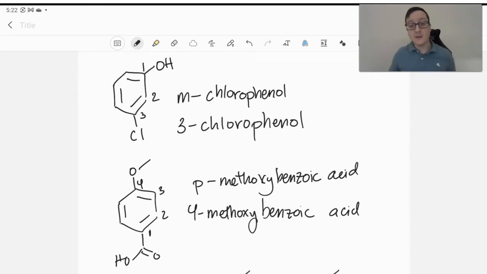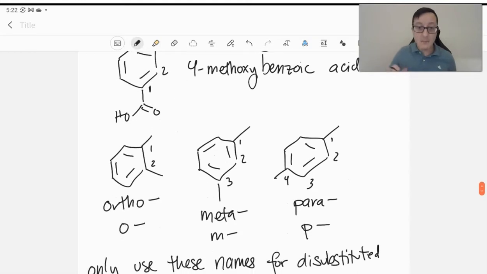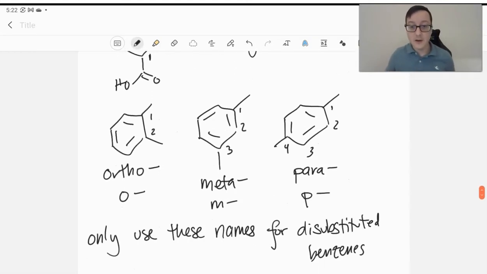So either of these names will work. They're both acceptable. There's no preference for one over the other. However, later on, we're going to be using the terms ortho, meta, para very frequently. So it's probably a good idea to familiarize yourself with them now. And note again, one more time, these are only for disubstituted benzenes.